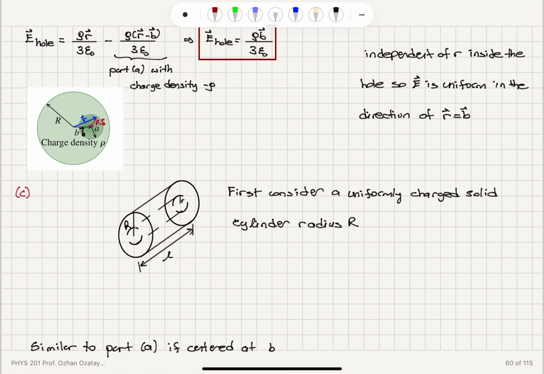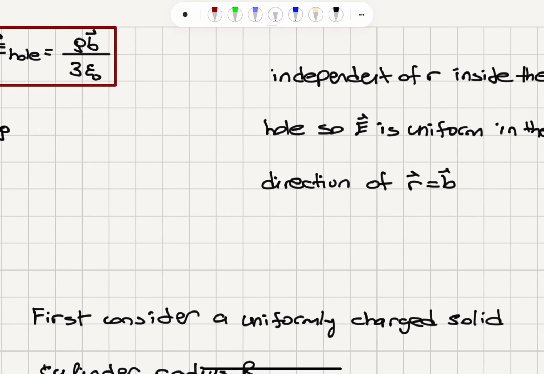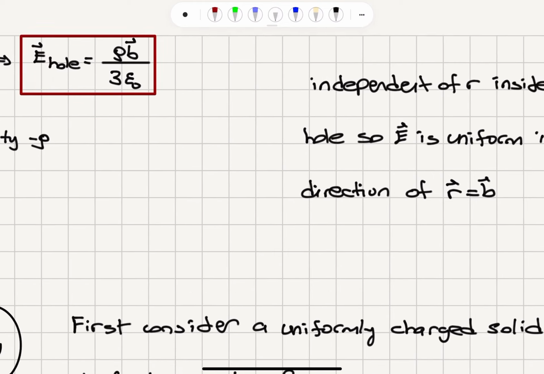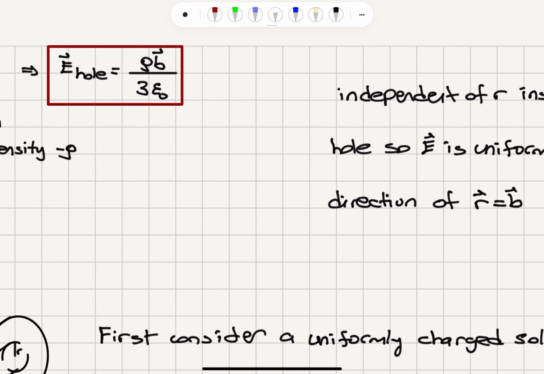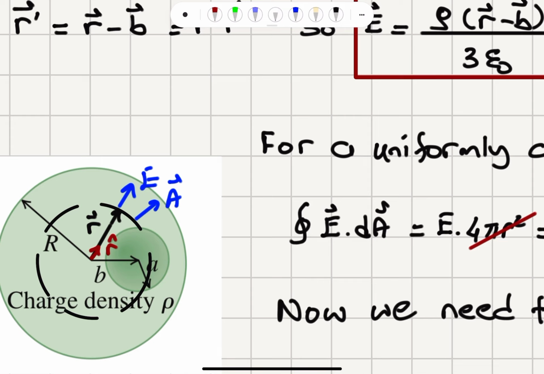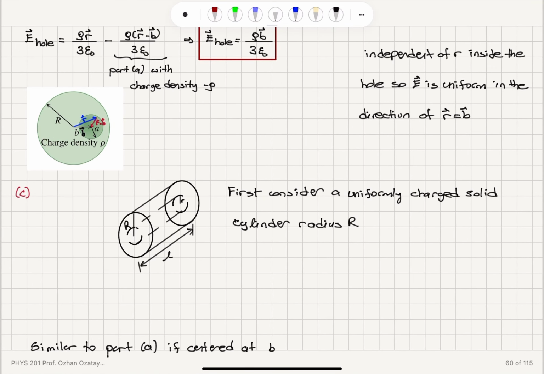Okay, so we see that this answer is independent of r inside the hole, so the electric field is uniform and in the direction of r is equal to b. So that's basically when r is equal to b, so it's in the direction of this vector, and it's basically uniform.